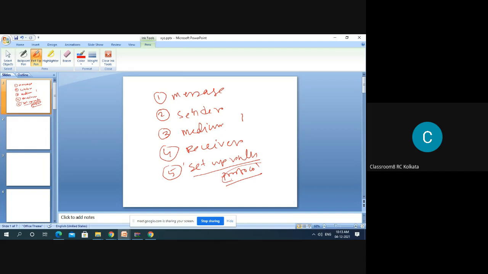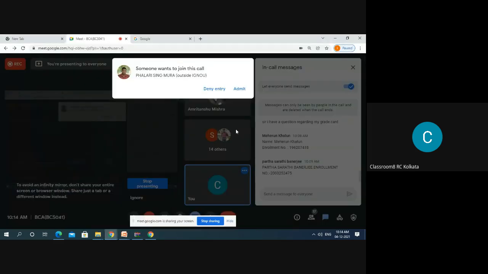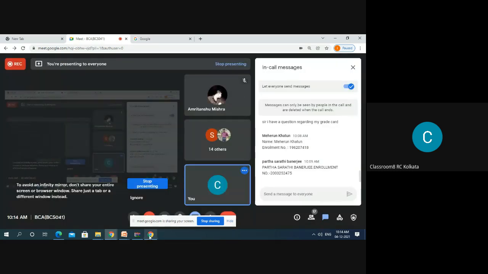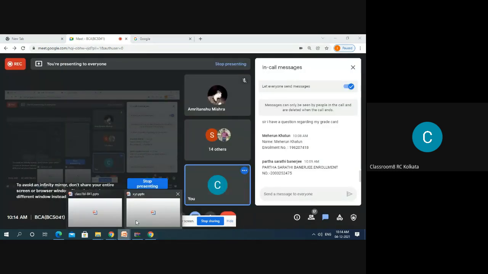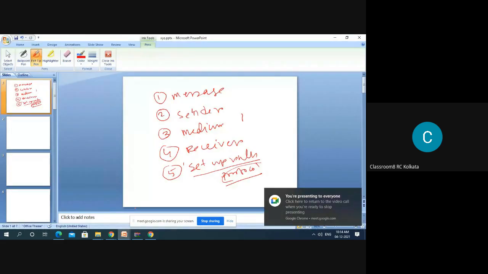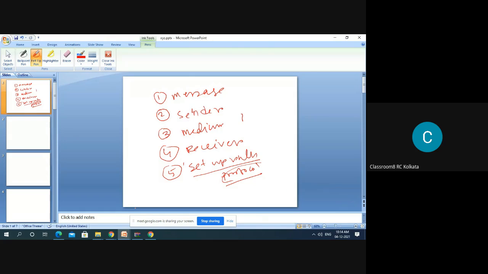So set of rules. For data communication, various sets of rules have already been designed by the designers of the communication systems, which represent a kind of agreement between communicating devices.